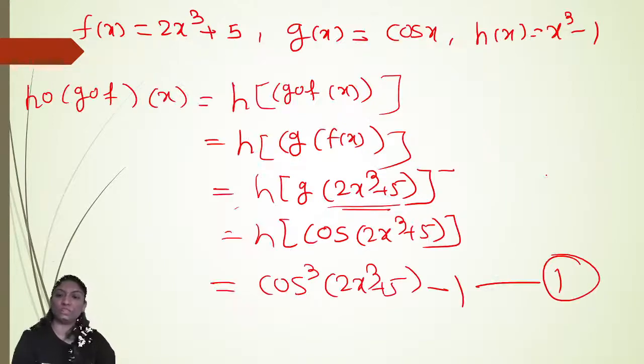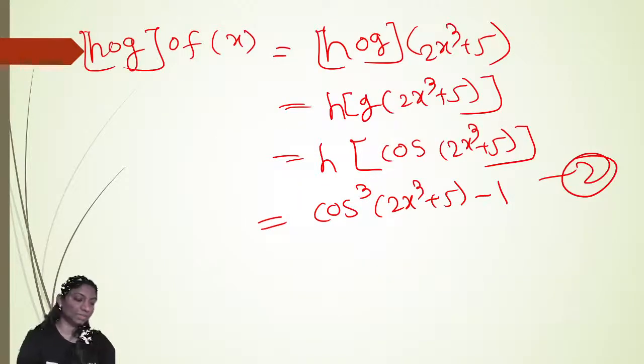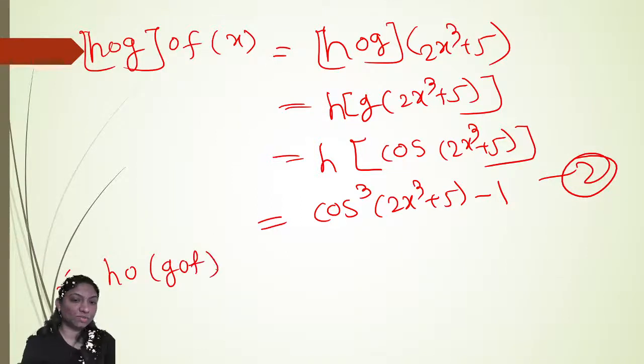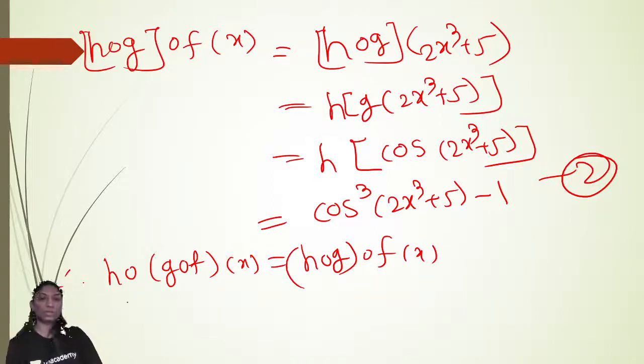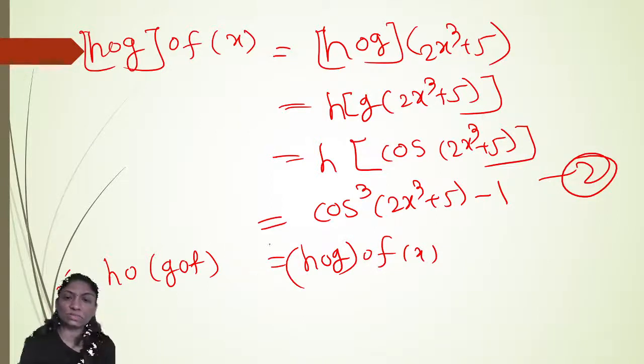Now see equation 1 and equation 2. Both are the same? Yes. So therefore h composite g composite f of x and h composite g composite f of x are equal. So we can say that these two are equal.